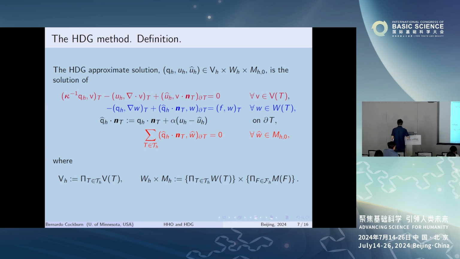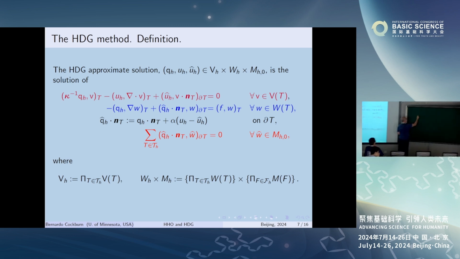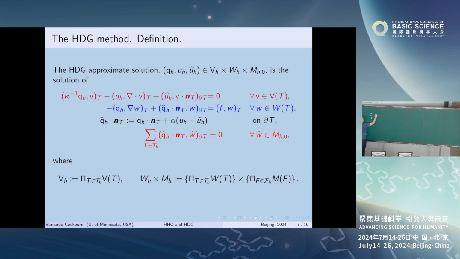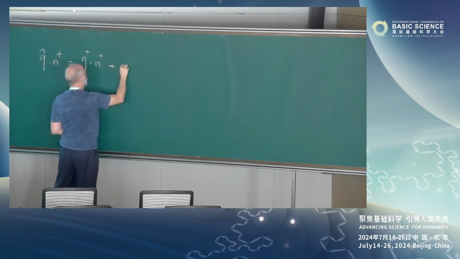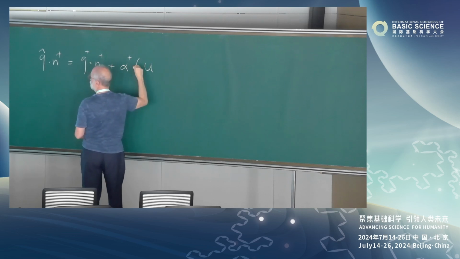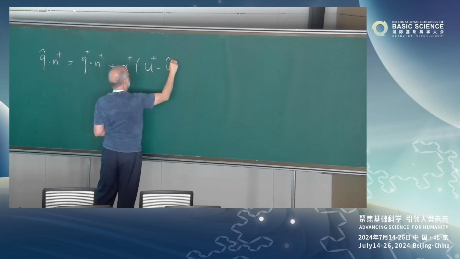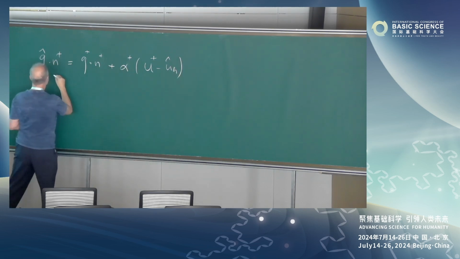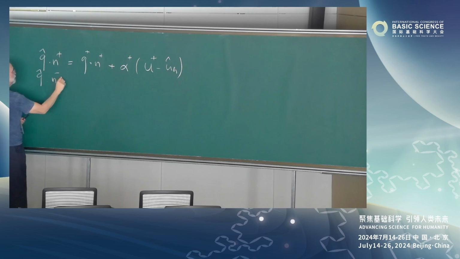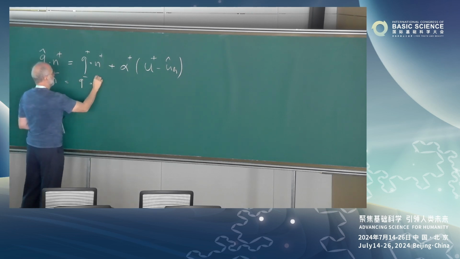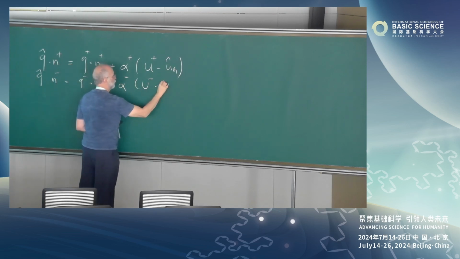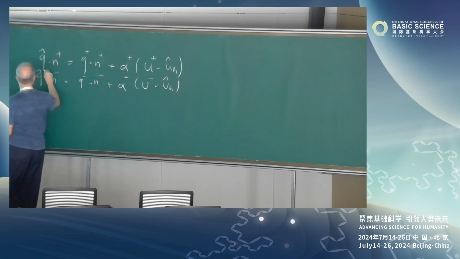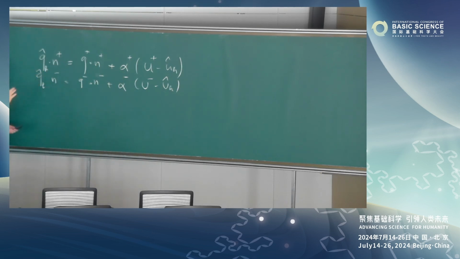Okay, so suppose that you have Q hat n plus, and then you have U minus U hat, and you also have the Q hat minus, so both U hat is single valued, right?